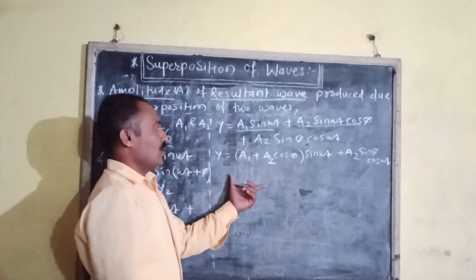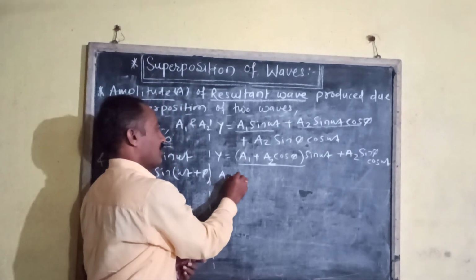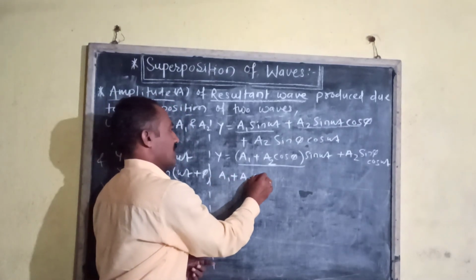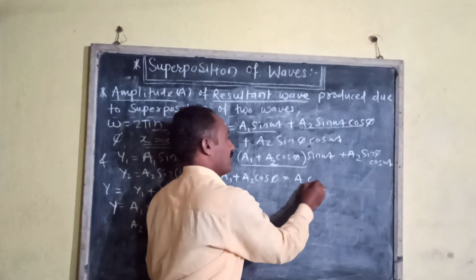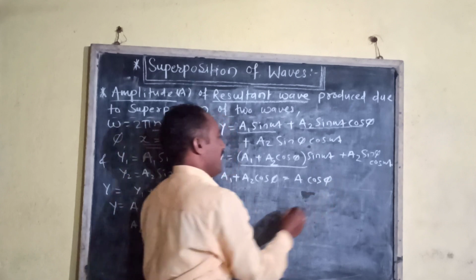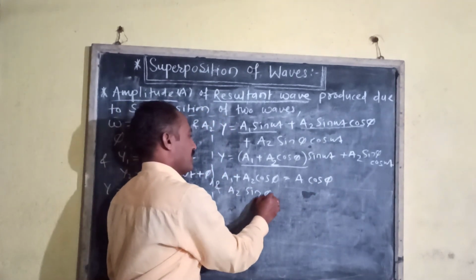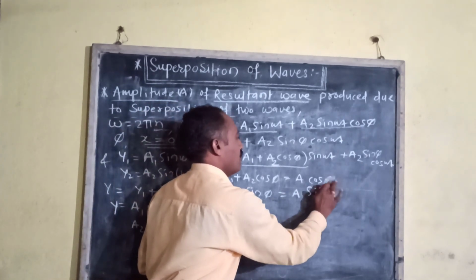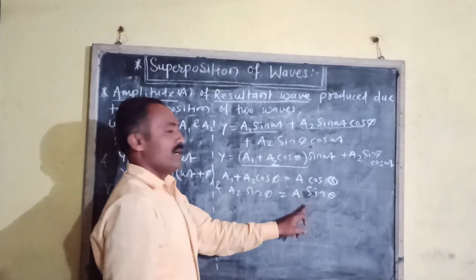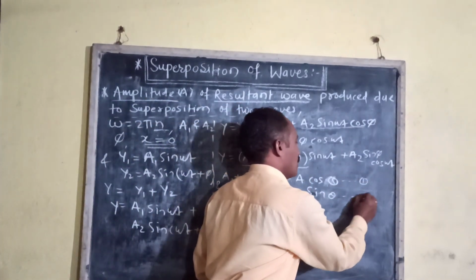Now we have to denote a1 plus a2 cos phi is equal to A cos theta and a2 sin phi is equal to A sin theta. Equation number 1, equation number 2.